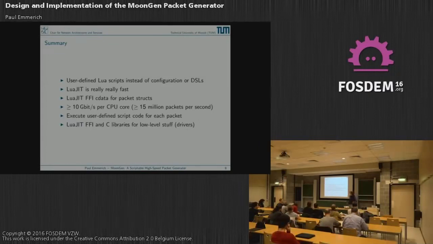And we make heavy use of the LuaJIT FFI and C libraries like DPDK for low-level stuff. For example, all the drivers we use are the DPDK drivers, and they are just LuaJIT FFI wrappers. One could write the drivers in Lua. I don't know if anyone of you is aware of the Snabb Switch project.